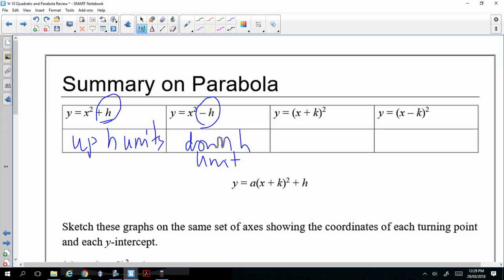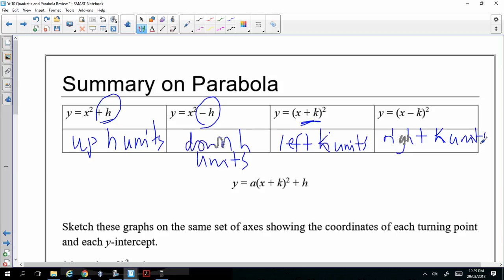And this one is right, k units. Okay, good. What else is there?